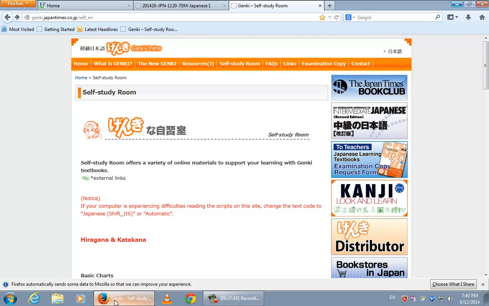The third structure they're showing us here is going to be a wa, and then again either a time or a frequency, and then a place, e or ni, and then a verb that indicates movement. Okay?